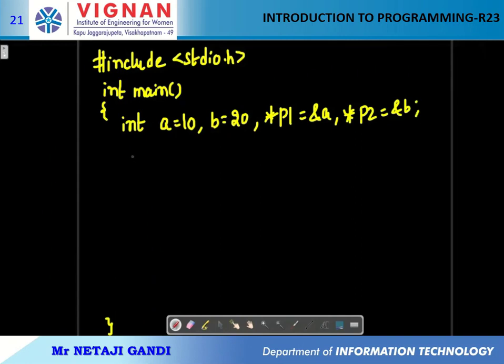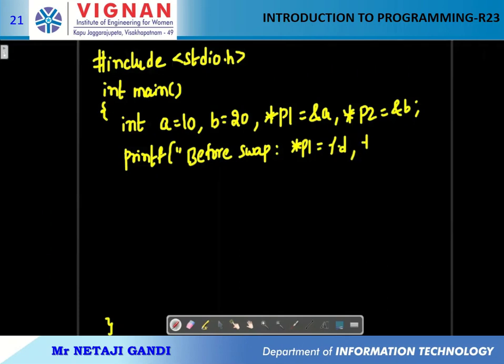Now you can display the content before the swapping. Before performing swapping, you can display content pointed by p1 and p2. So this can be written as printf before swap, okay, star p1 equal to using percentage d, and also I'm considering star p2 is equal to percentage d slash n. So here I'm writing star p1 content and star p2 content.